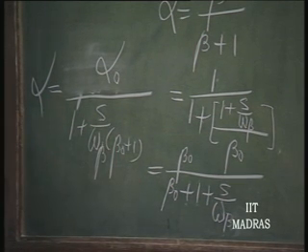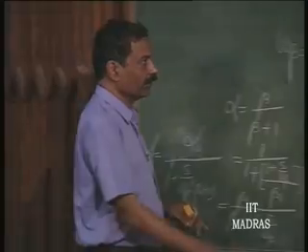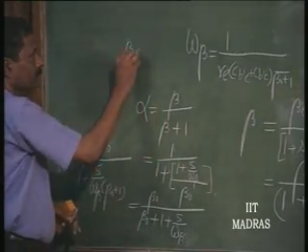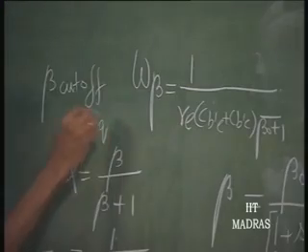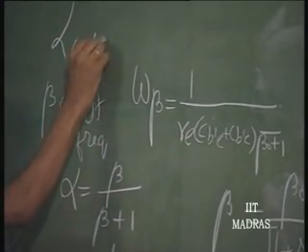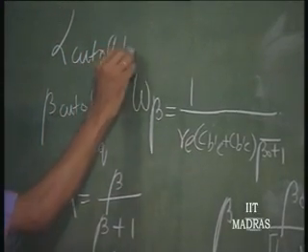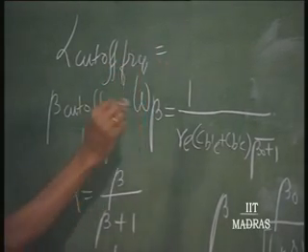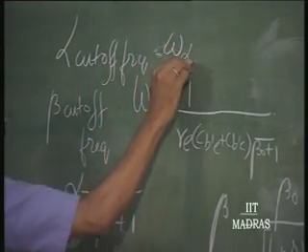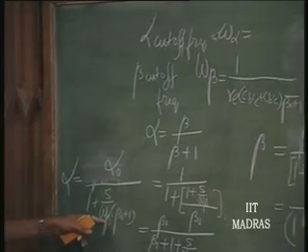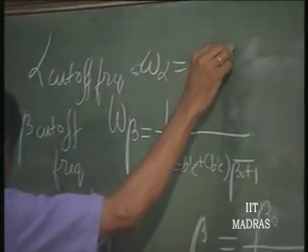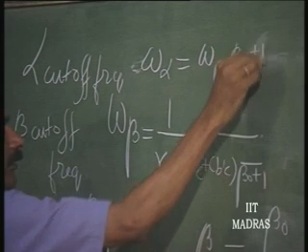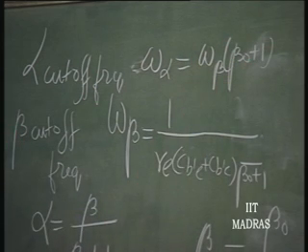So, alpha cutoff frequency, this is beta cutoff frequency. So, alpha cutoff frequency is equal to omega alpha, we will call this omega alpha, equal to omega beta into beta naught plus 1 from this.